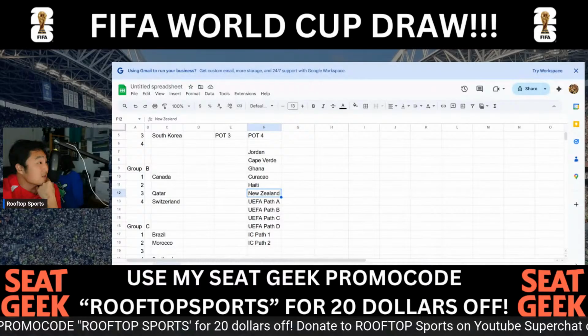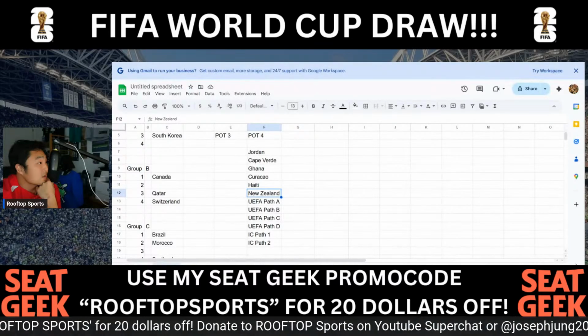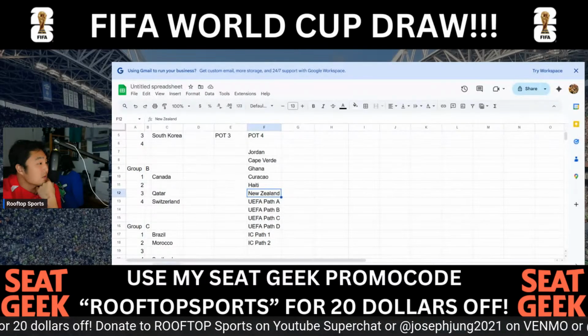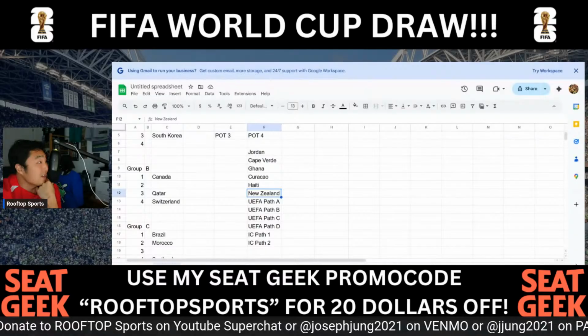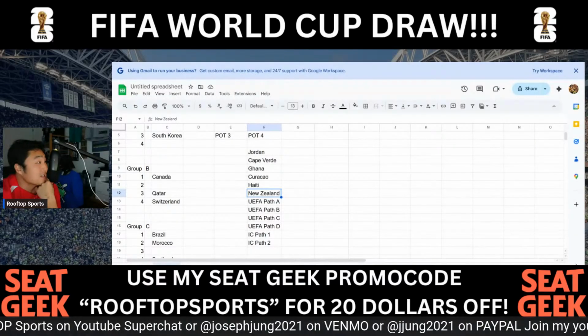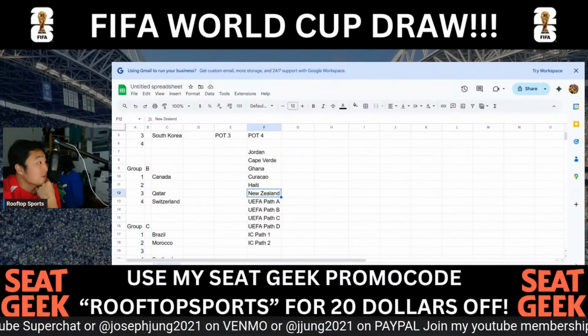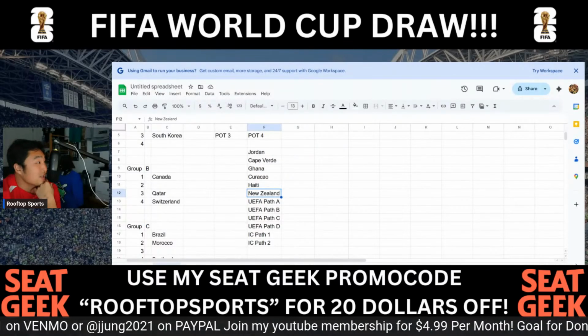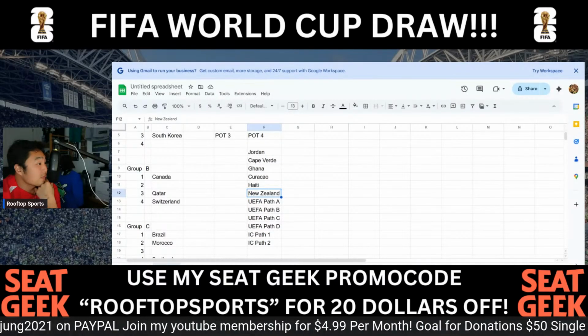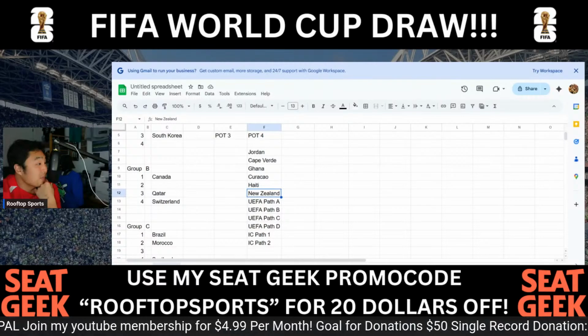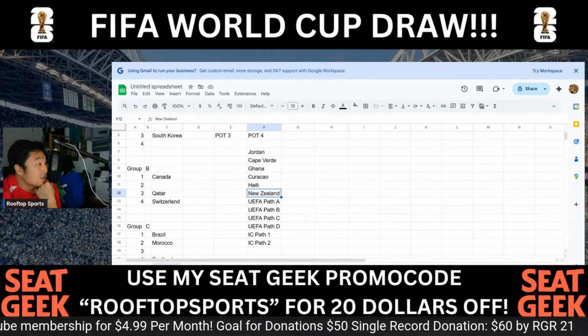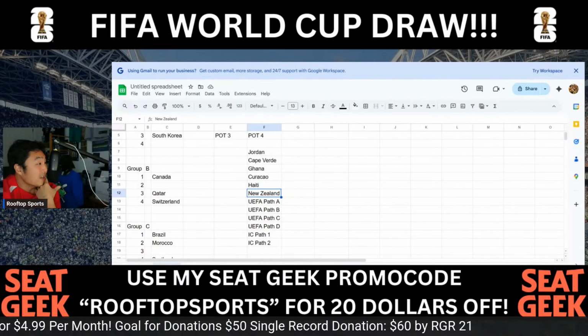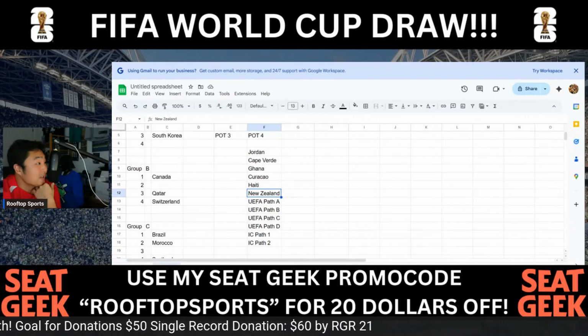Who are these guys? I think looks like they're in the Asian Pacific, so you might be able to get that team with IC Path 2. I don't think you can get any of the ICs, unless it's like South America, maybe. You can't get Jamaica, so I don't know if the IC paths are going to work.